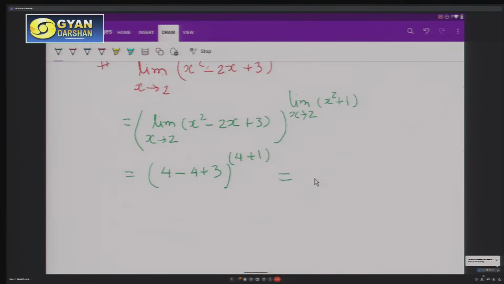So these will be cancelled out, so 3 to the power 5, which is equal to 243.